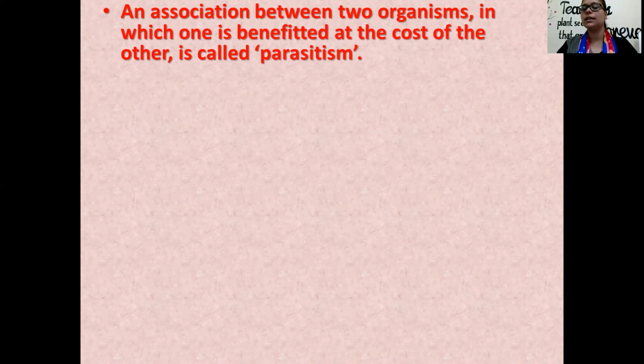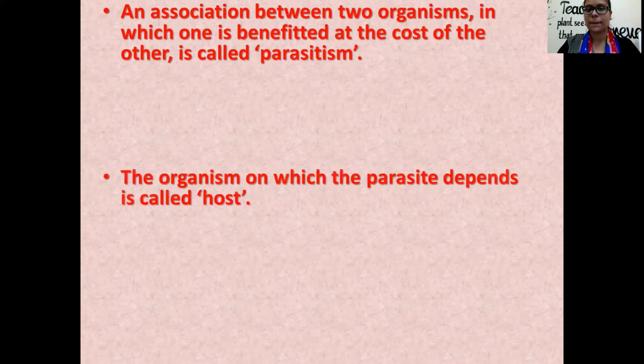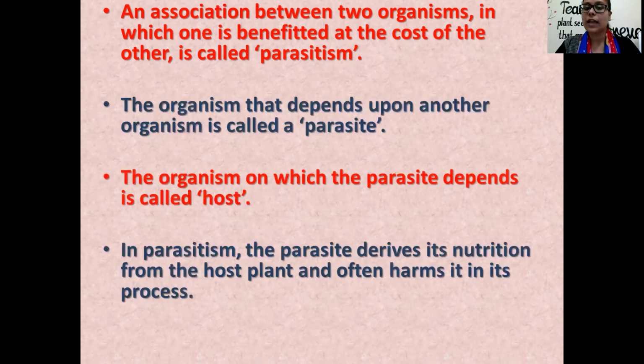That phenomenon is called parasitism, and the organism which depends on another organism is called a parasite. The organism which depends on another organism for its food and nutrition is called a parasite, and the organism on which the parasite depends is called a host.